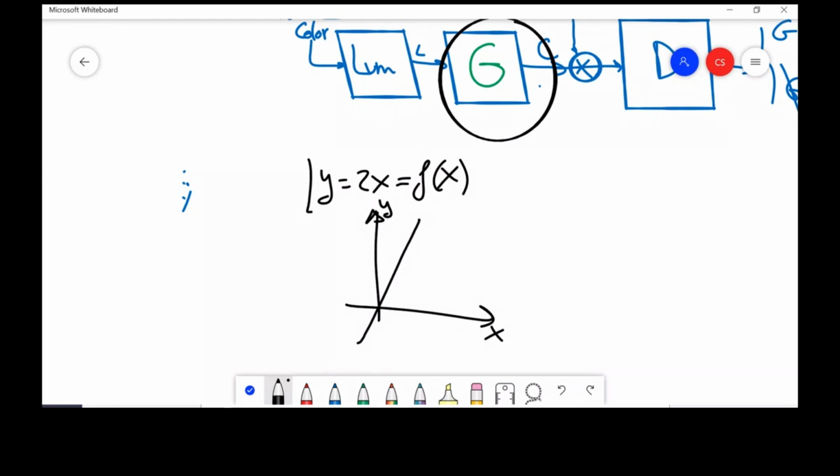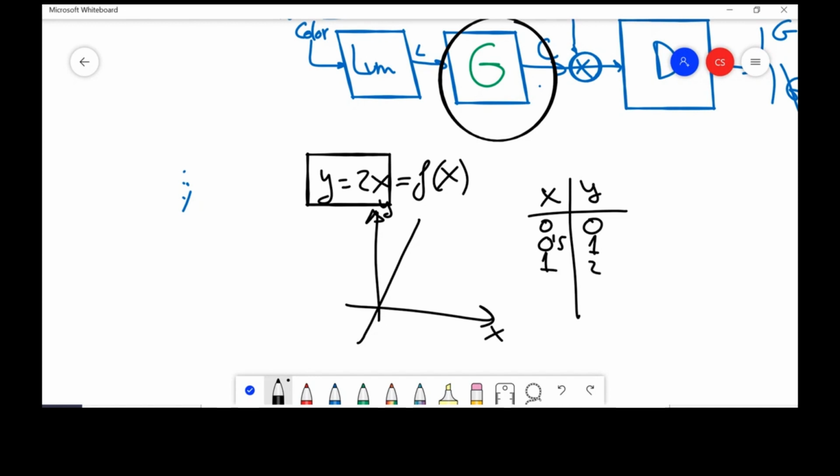But this is a very compact way of saying that, because I don't want to write all possible values. Another way of expressing that is through a table. I could say 0 goes to 0, 0.5 goes to 1, 1 goes to 2. I could give you also negative values if you want. It is very tedious, but if I have the patience to give you all the values, this is another way of expressing a function.